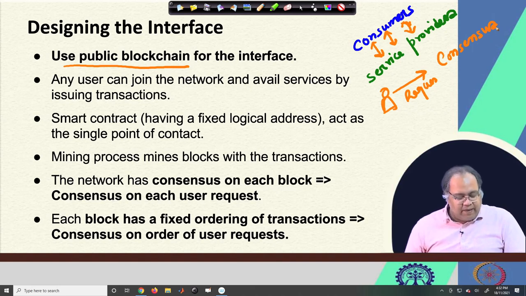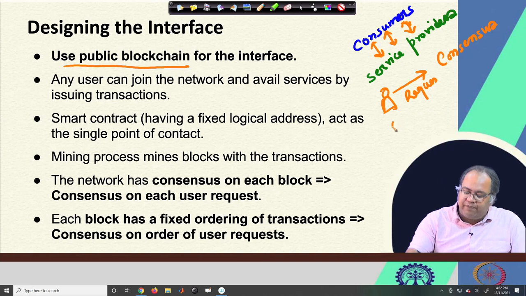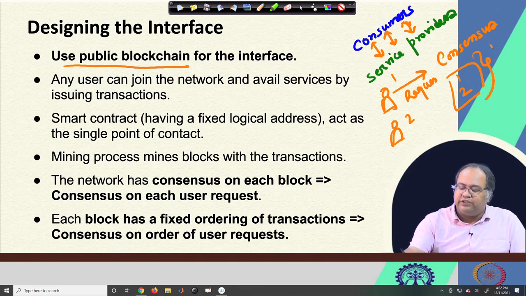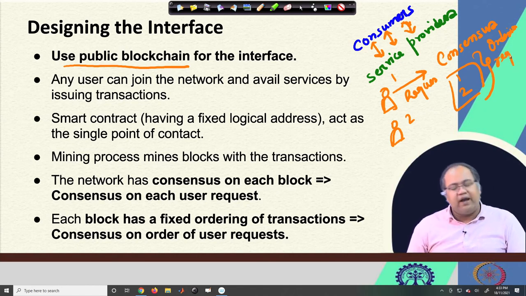Each block also has a fixed ordering of transactions, which guarantees consensus on the ordering of the requests. So, if multiple users are generating requests, in the blocks generated on the blockchain the requests are in some particular order, and this order ensures that the requests are processed by the service providers in the order they have been added in the blocks of the public blockchain.